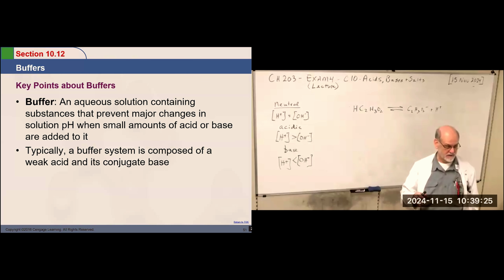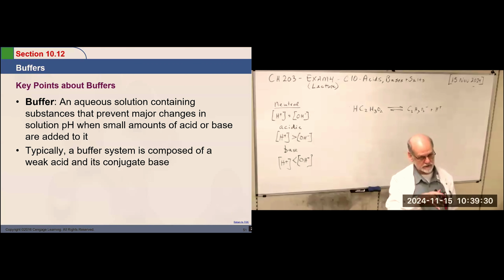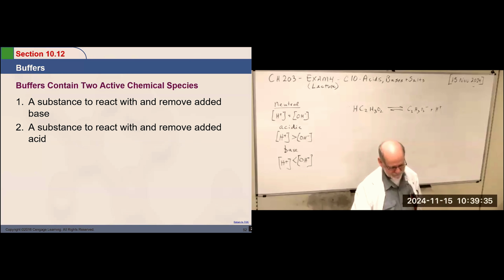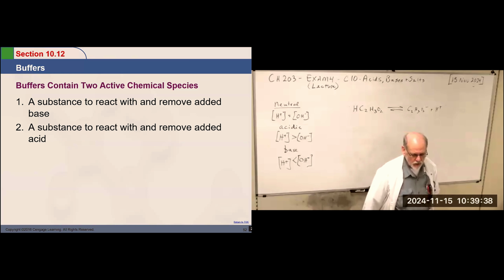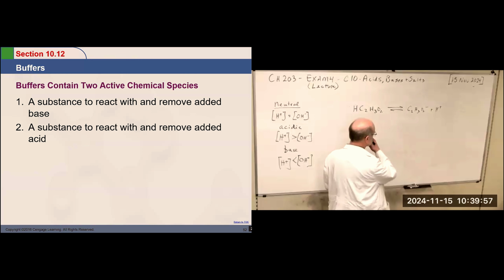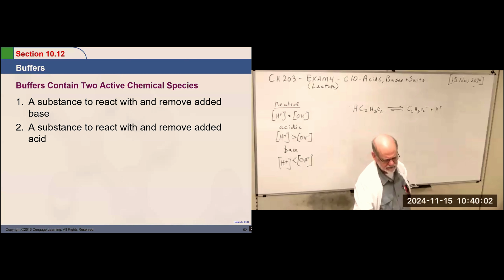And you decide how much. And how much determines exactly the characteristics of the buffer. So these two chemically active species in your buffer, one of them will react if you add a base. The other will react if you add an acid.